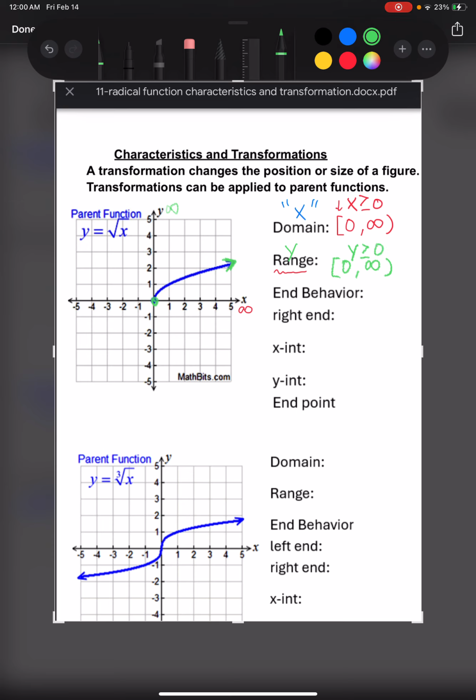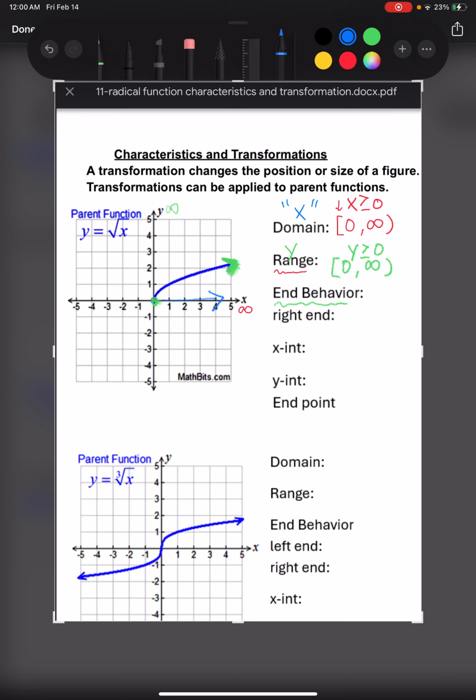So now we are going to describe end behavior. End behavior, we only describe when it ends with an arrow. So on the left side, we don't have to worry about end behavior. We're going to write the right side behavior. For the right side, it goes that way.